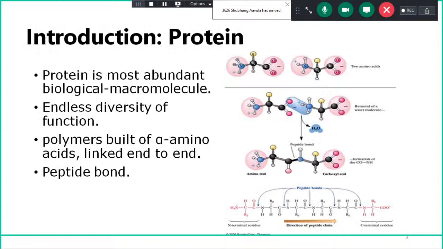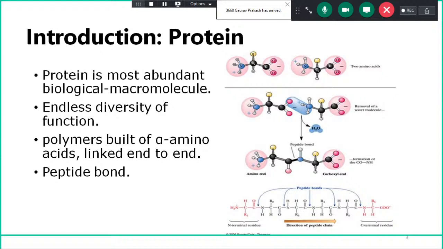So first of all, before going directly into the topic, let's revise our knowledge about protein. Protein, as you all must know, is the most abundant biological macromolecule, and it is involved in almost every biological process taking place in the human body. For example, it acts as a catalyst in biochemical reactions as an enzyme and chemical messenger.